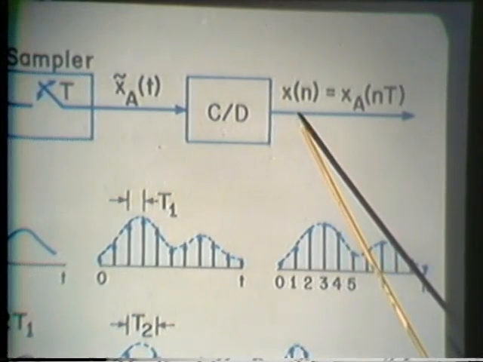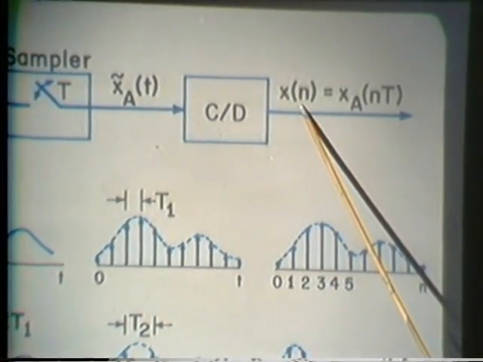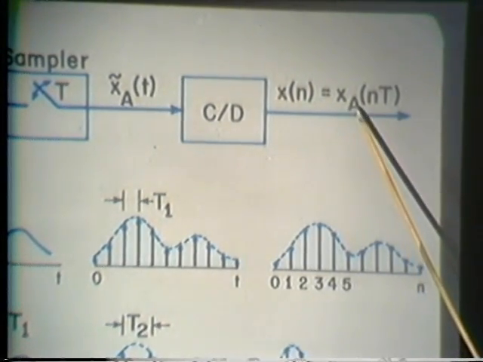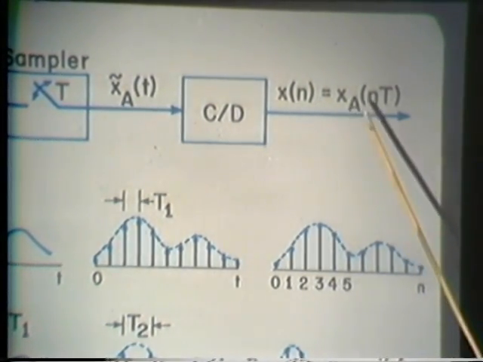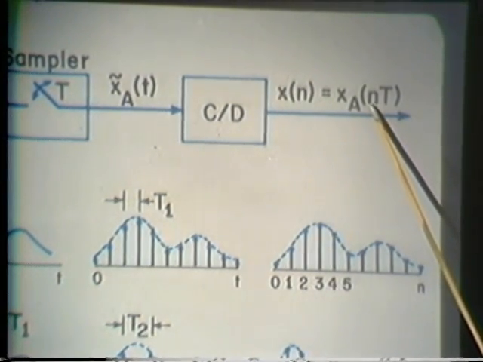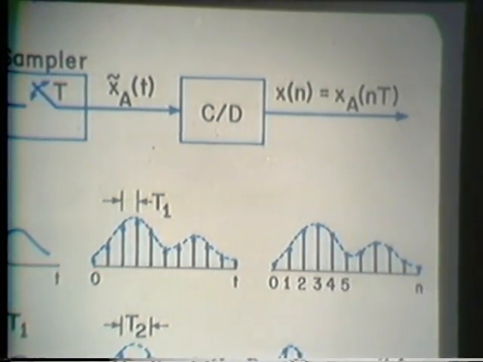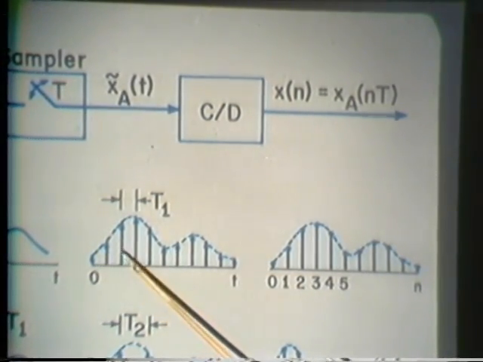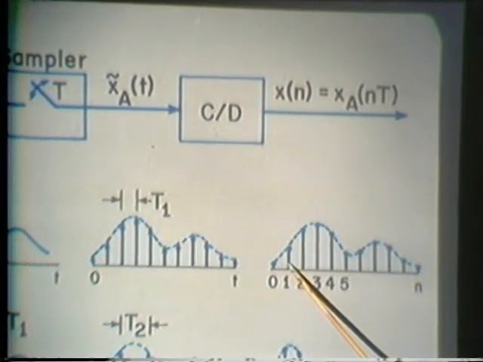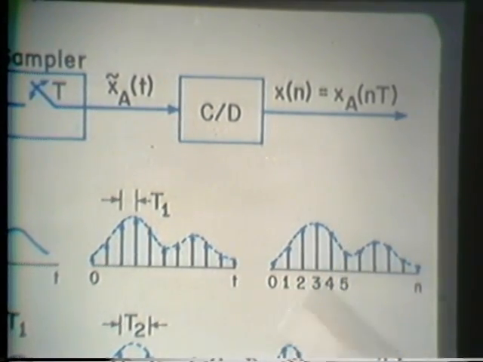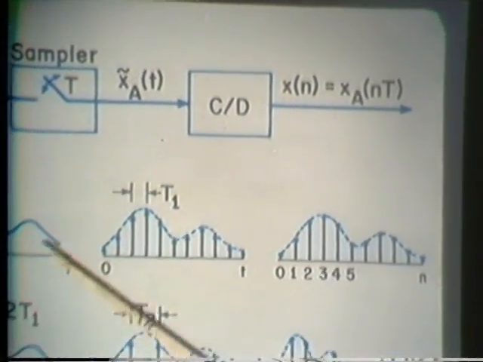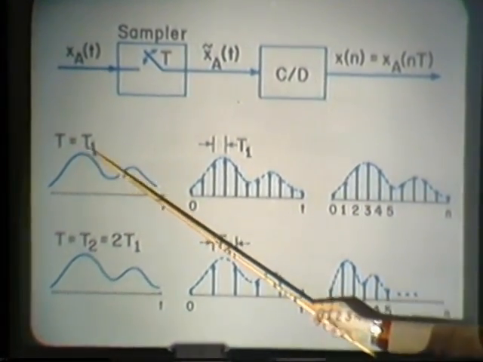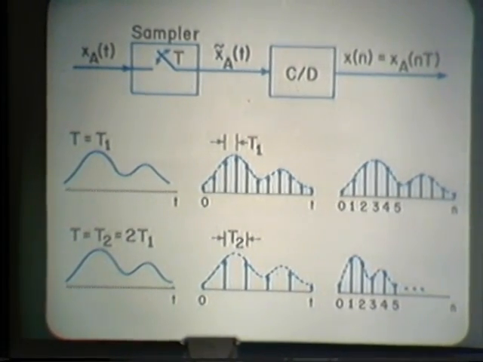And the output then is a sequence, x of n, the sequence values being samples of x sub a of t at the sampling instances n times capital T. In other words, it's converting the areas of these impulses into sequence values.